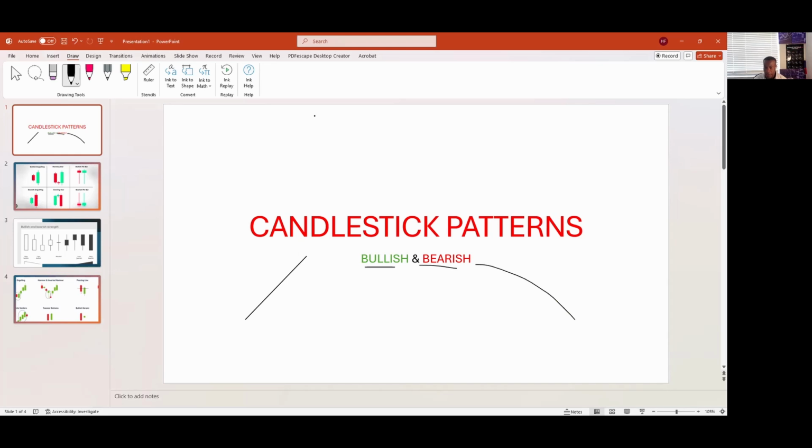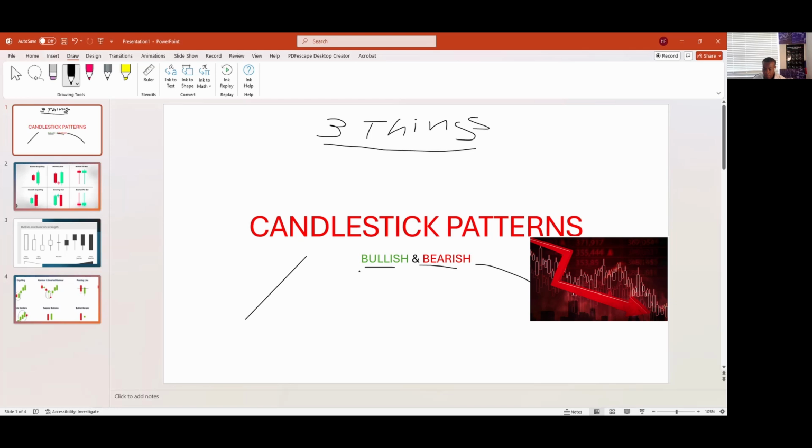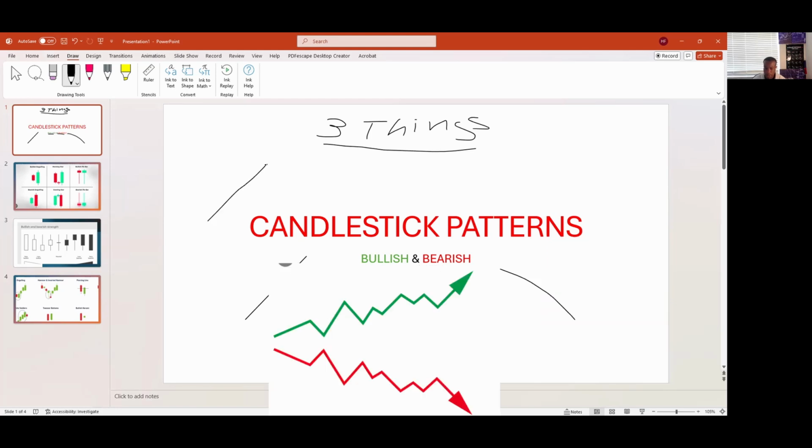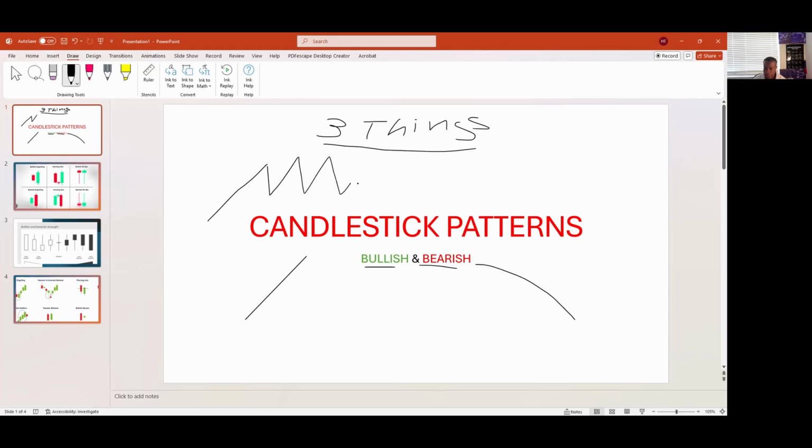And when we trade, the stock market is doing three things every day. It's going up, down, up, down, and sometimes it's going sideways.